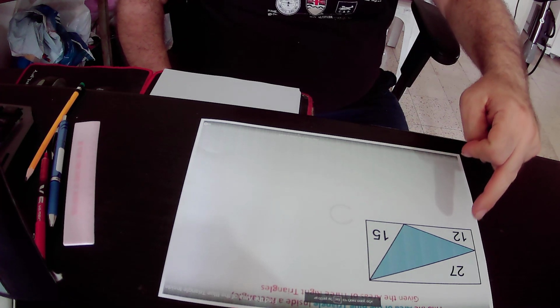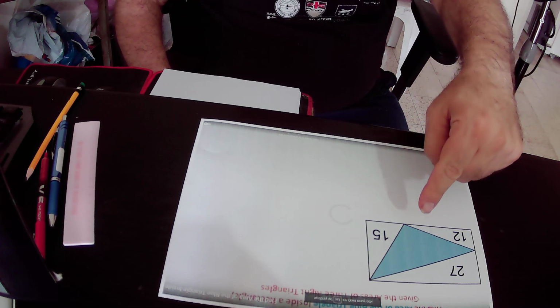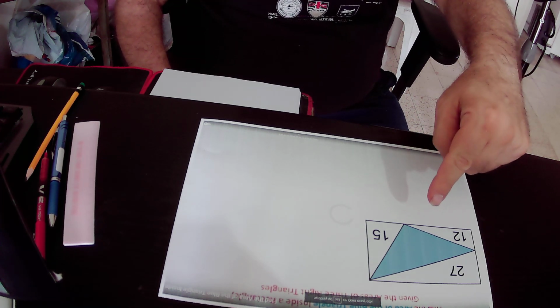Okay, it is very simple, because the area of the rectangle minus the sum of the areas of the three right triangles equals the area of the blue triangle.